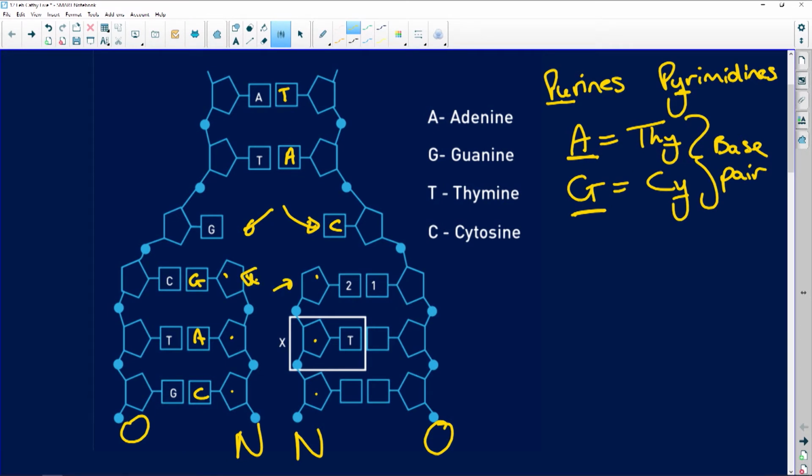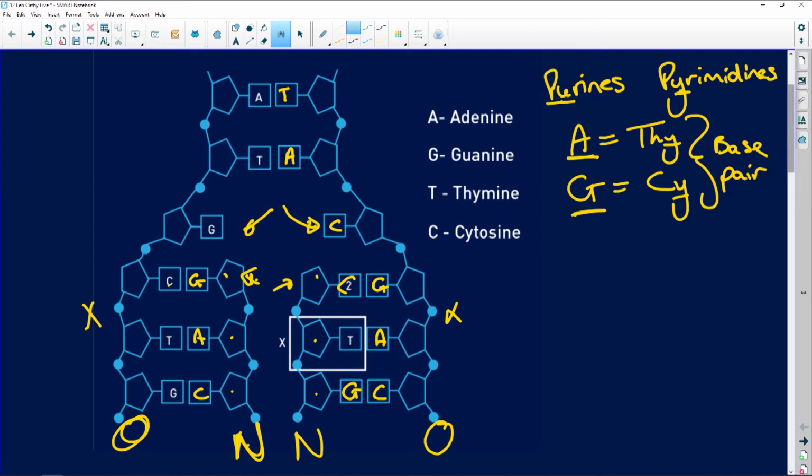So if this is G and C and G, then this one is going to be G and this one is going to be C. And if this is T and A, then this will be A because that is T. This one will be C and this one will therefore be G. So that when you've finished, this new strand here is going to be identical to this one. It's going to have one old and one new, and this new one will be the same as the old one there.